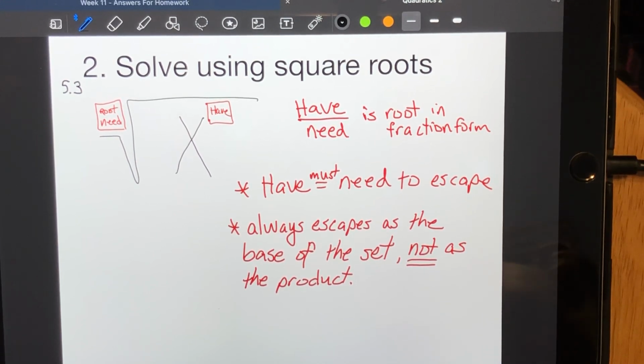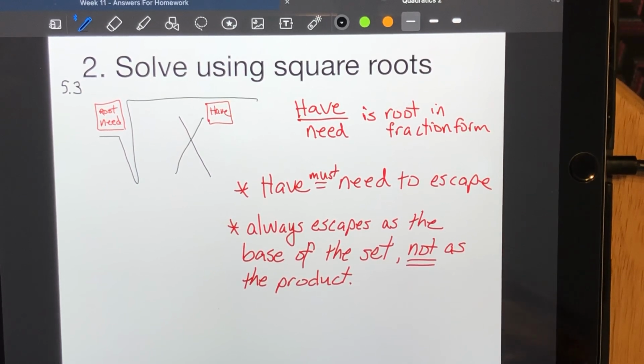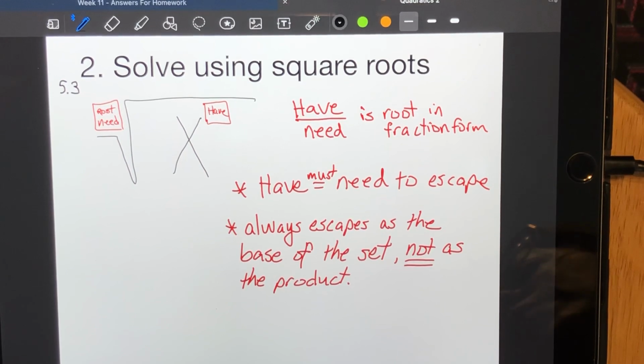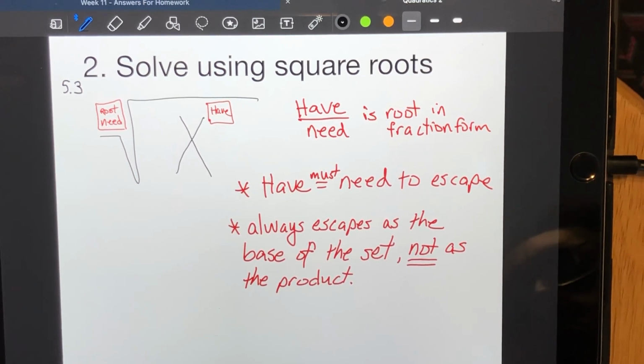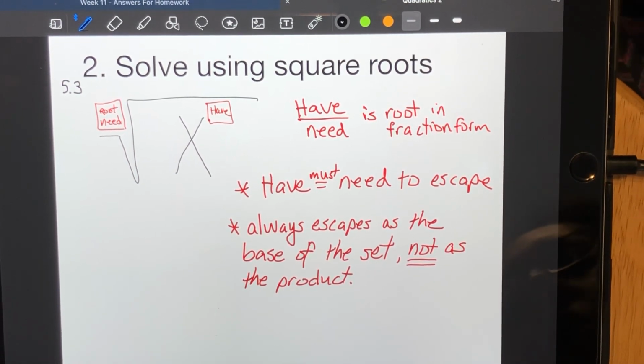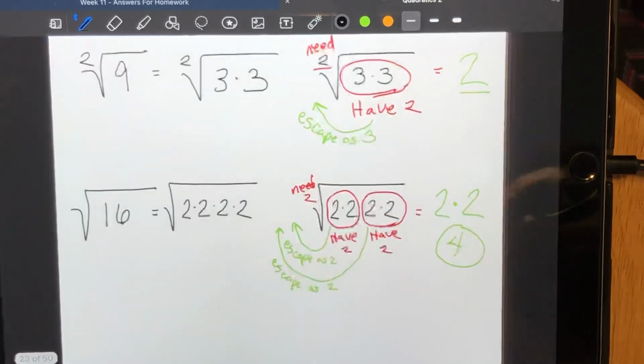Okay, and I often talk about it as escaping jail or getting out from underneath the radical. So we're going to walk through a couple different ways to understand why it escapes as it does. And then it is just personal preference for you on which way makes more sense for you.